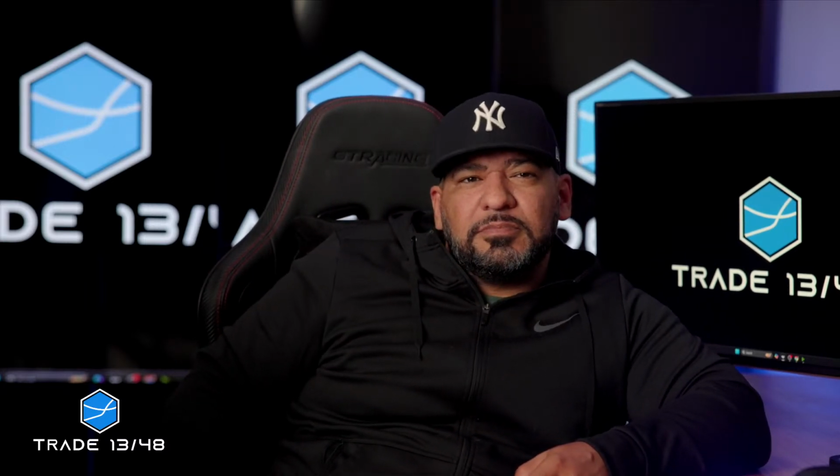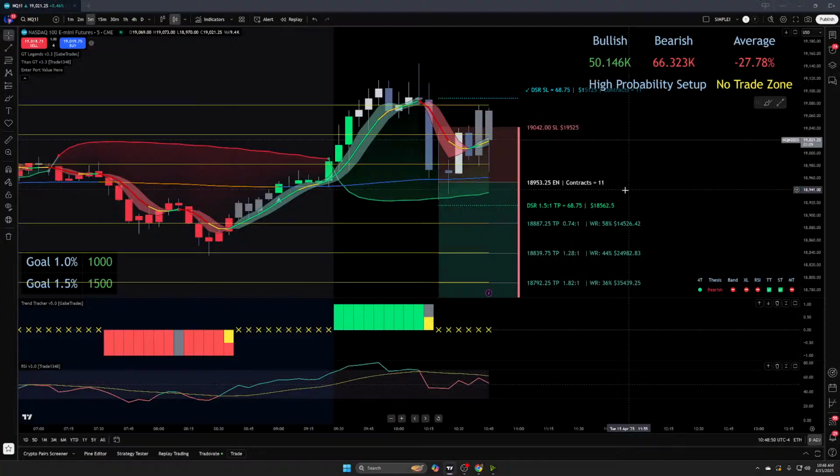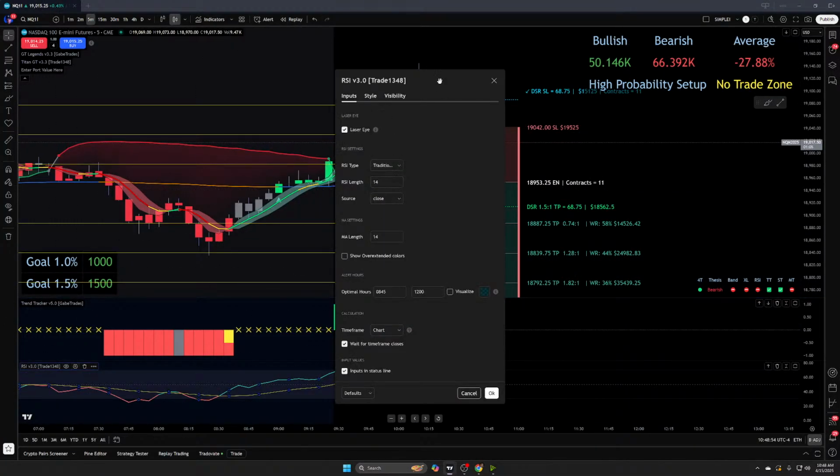Well, there's quite a few. Protein here, it's a trade 1348 RSI. Yeah. Okay, so this RSI is basically the RSI that allows us to do spear strength, or the traditional RSI.